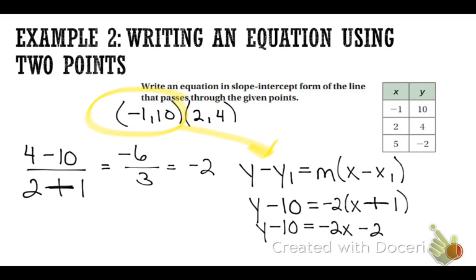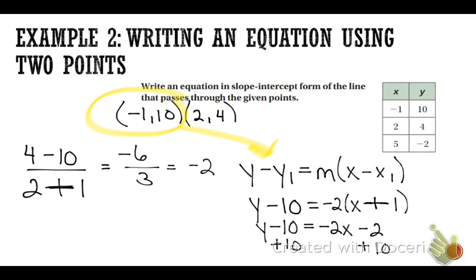Minus. Negative 2 times positive 1, guys, is negative 2. All right, one more step. What's my last step, Michaela? What would be my last step? Adding 10. Add 10 and add 10.